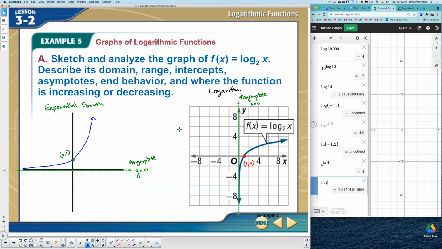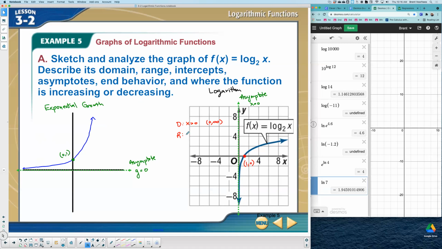Will the domain be all reals? No. So this domain will be x values greater than 0, or you could say from 0 with a parenthesis to infinity. What about the range? It'll be all reals. It goes down forever and it goes up forever.